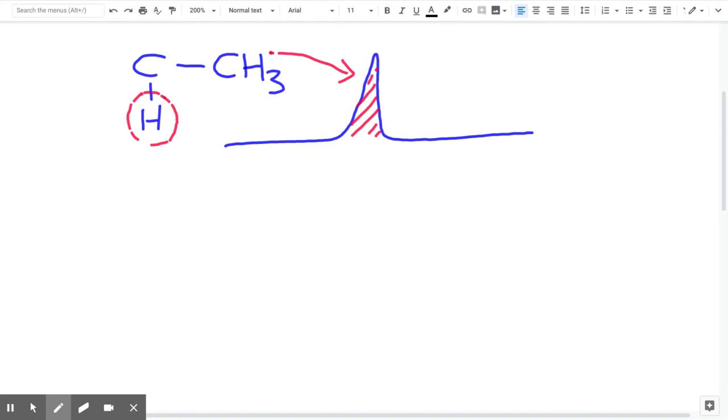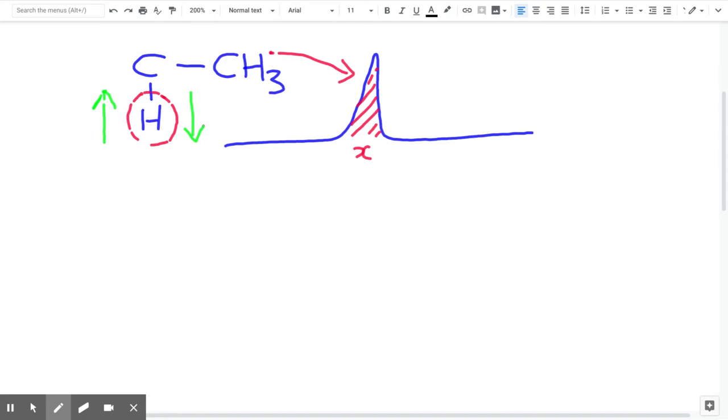next door if there's more than one. It is now possible that this peak, which had a magnetic field due to X, if we use the same terminology as in the previous ones, now has a situation whereby this proton in the adjacent position can either align itself with the magnetic field or align itself against the magnetic field.